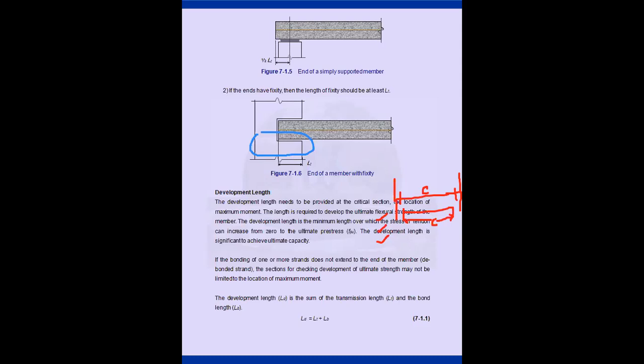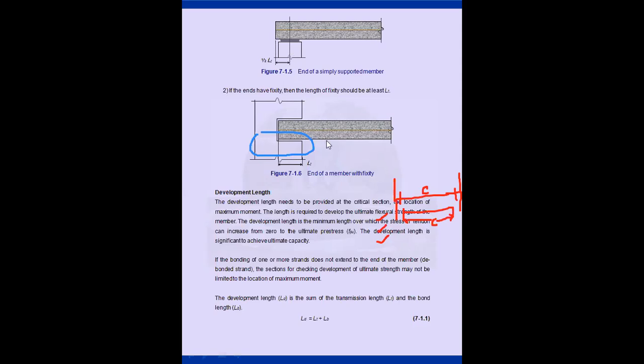We calculate LT. This half of LT is going to be used to stretch the strands. When we stretch our strands, that length is used to make the concrete pre-stressed. So that is the transmission length.